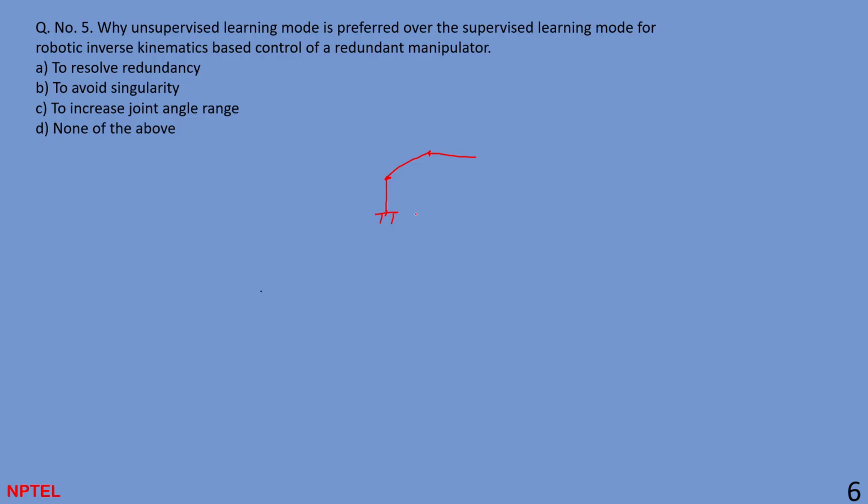If you want to know the position and orientation, and let's say the angle is also given, then the joint angle configuration is equal to the end effector. The joint space is 3 degrees of freedom, whereas the end effector space is different.